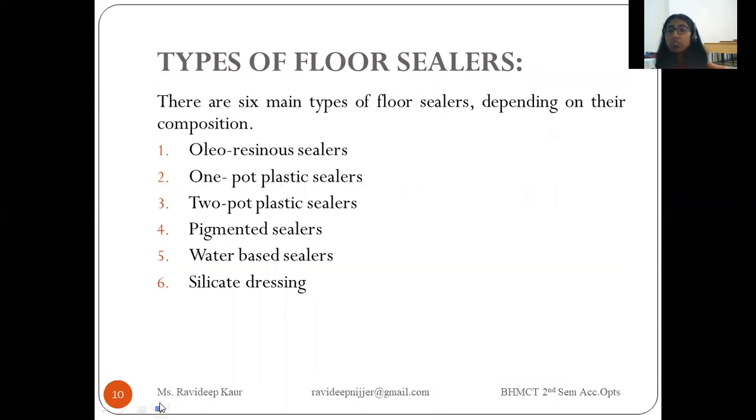Now we have types of floor sealers. There are six main types of floor sealers depending on their composition: oleoresinous sealer, one pot plastic sealers, two pot plastic sealers, pigmented sealers, water-based sealers, and silicate dressing.